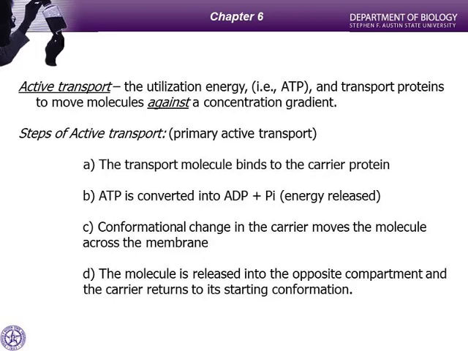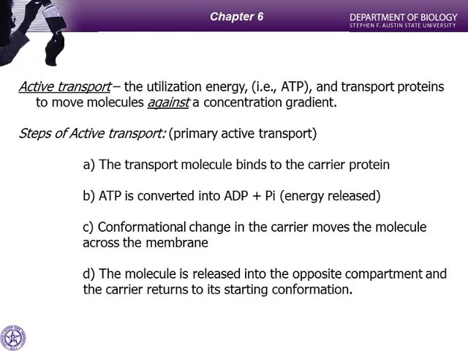Now, I'm also throwing in a new term here that you may not have heard before. We've heard of active transport, right? Have you ever heard of primary active transport? We're going to distinguish it at another level of complexity. Primary active transport is the movement that occurs from the direct utilization of energy.